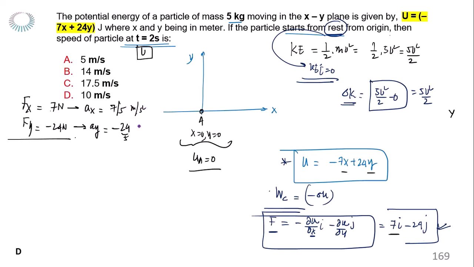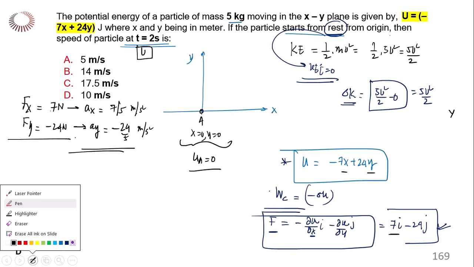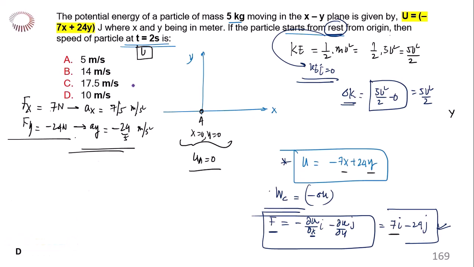It is also given that initially the particle is at rest. Since the particle is moving, in both directions it has acceleration. So Vx should be Ux plus ax into t, that is 0 plus 7 by 5 into t, where t is 2 seconds. So 14 by 5 meter per second.